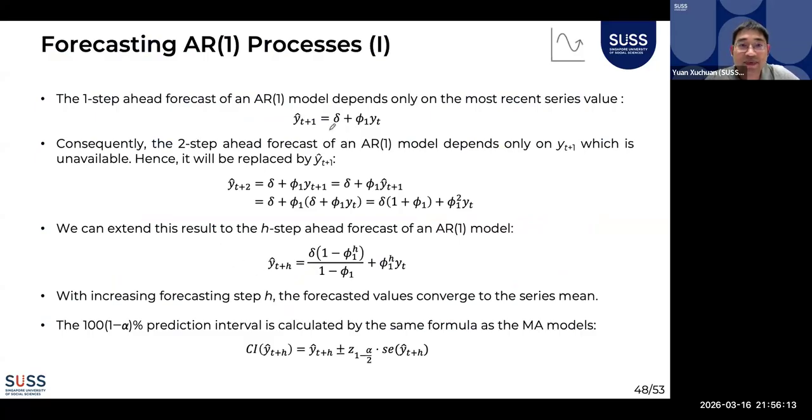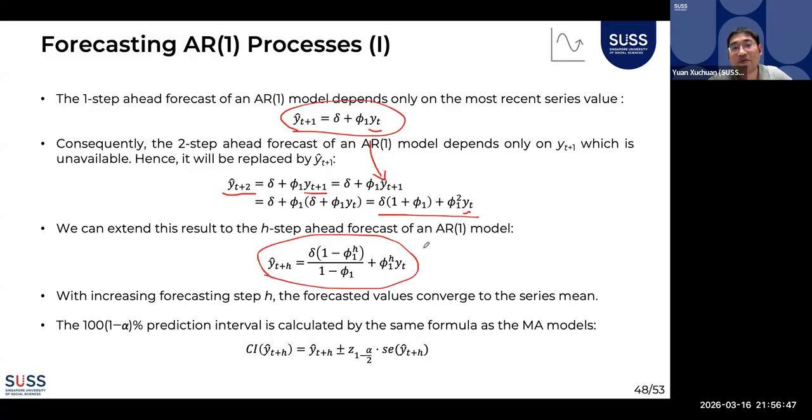The one period ahead forecast you know, because you know Y_t. For the two period ahead forecast, you substitute Y_{t+1} here. If you want to forecast H periods ahead, you continue this and get this formula.